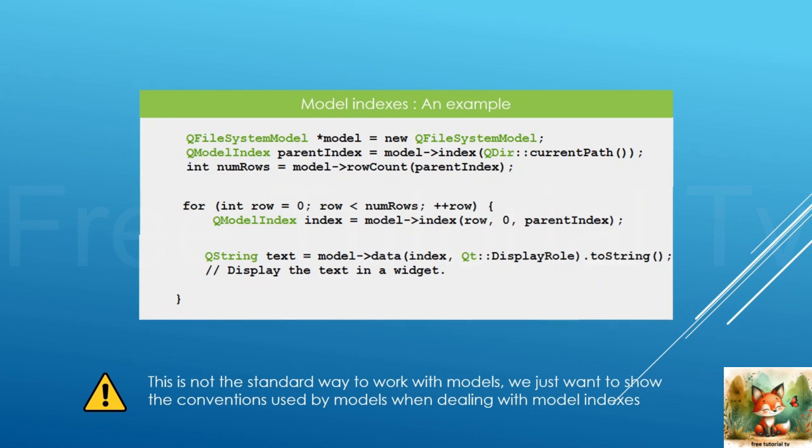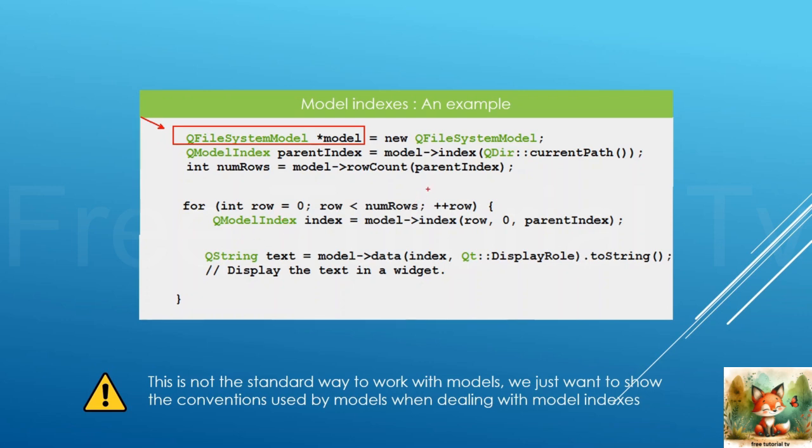Okay, here is an example of how we can use model indexes in the Qt framework. This is a class, I think we will have a chance to talk about this class here. This is a model that wraps around a file system on your operating system, and we can use our model index API to read data from this model, even if what we are representing here is really files and folders on our operating system.